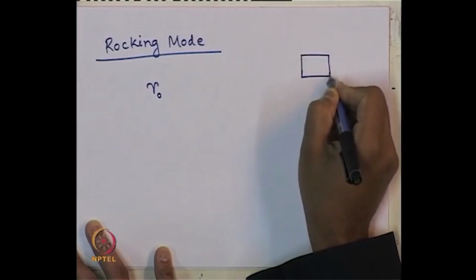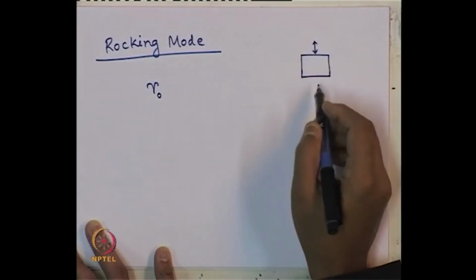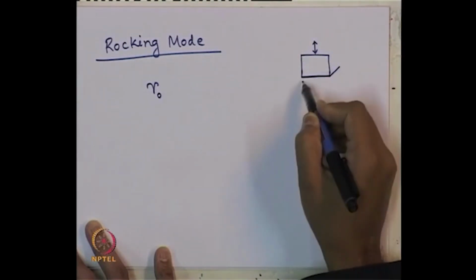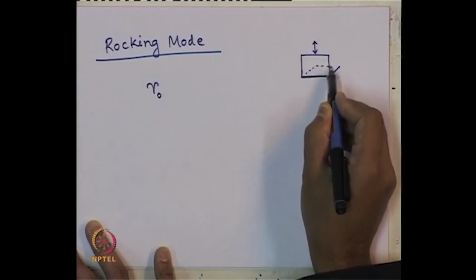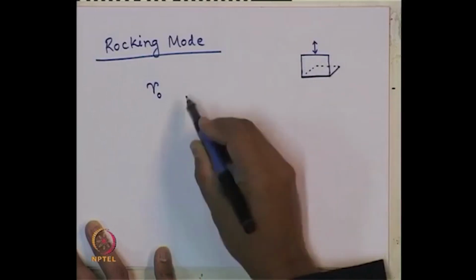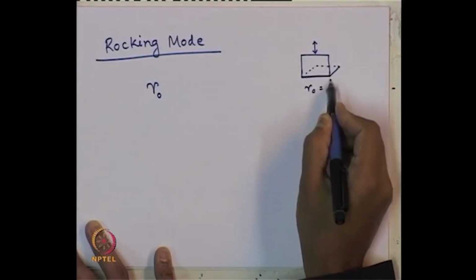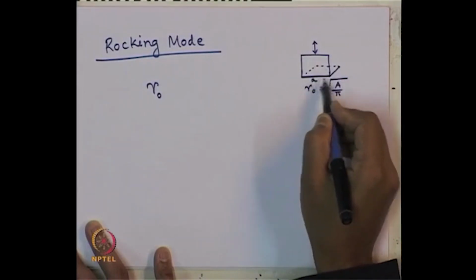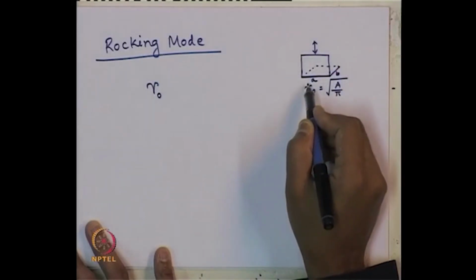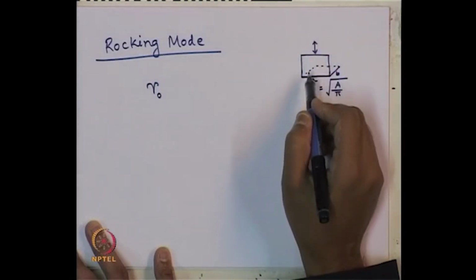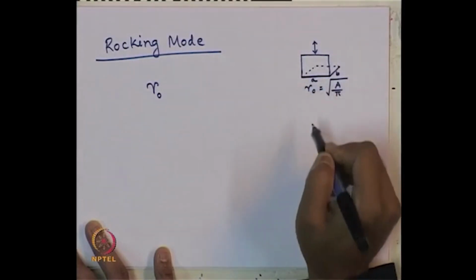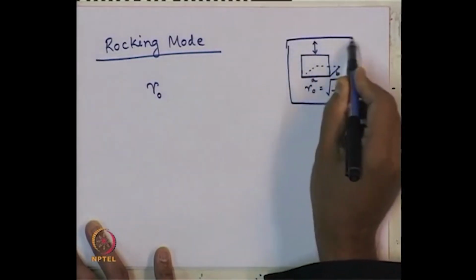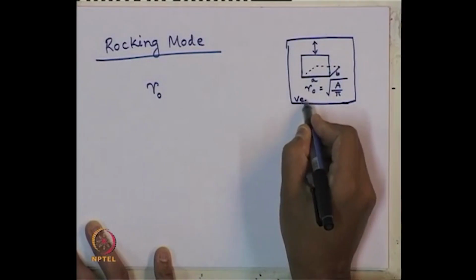When a block type machine foundation is subjected to a vertical mode of vibration, in that case what we did, this plan area we had considered, and to find out equivalent radius R naught equation we had used root over a by pi, where a is area of this plan area in the case of vertical vibration, that is the projected area. Whereas, in case of rocking mode, this equation cannot be used.